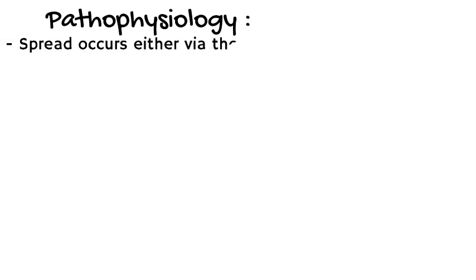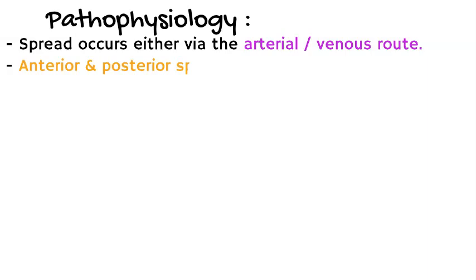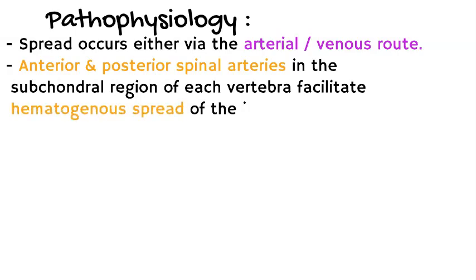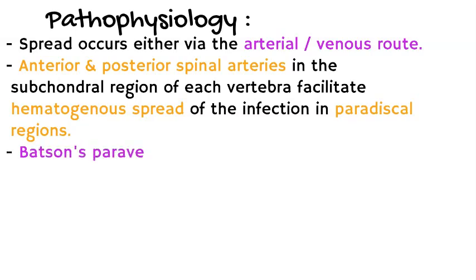Regarding pathophysiology of TB spine, the spread occurs either via the arterial or venous route. Anterior and posterior spinal arteries in the subchondral region of each vertebrae facilitate hematogenous spread of infection in paradiscal region.